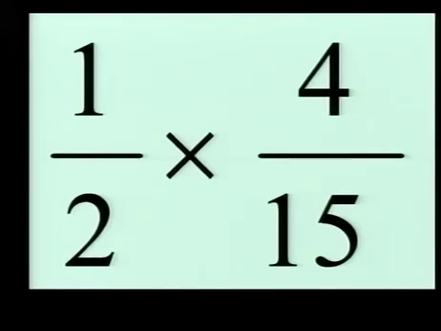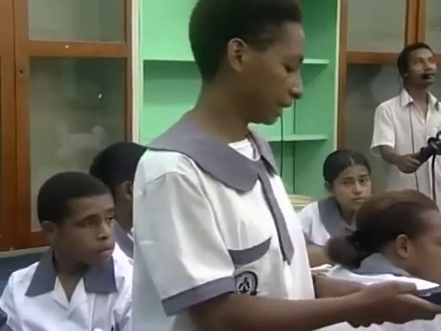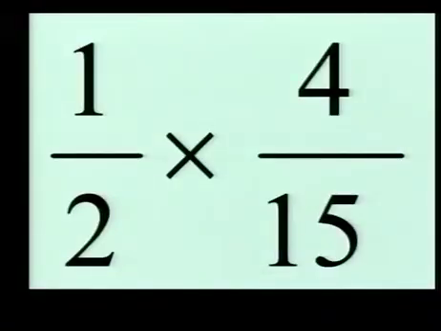Yes, you can say that. What else? Because 2 is the common factor of 2 and 4. Very good. The common factor that can go evenly into 2 and 4 is 2. That's why we can cancel 2 and 4.